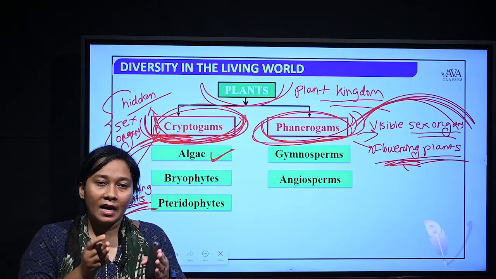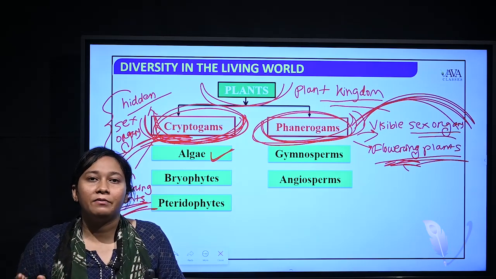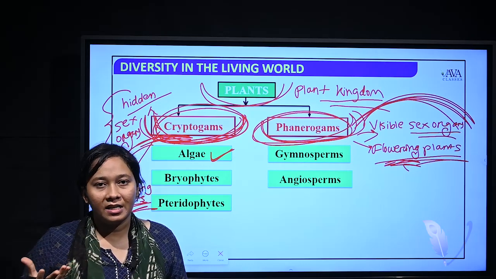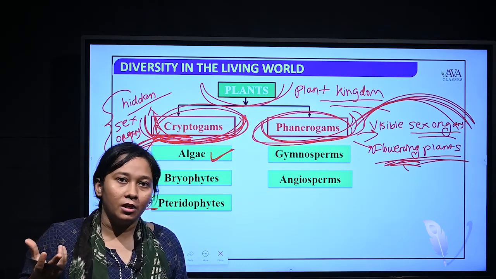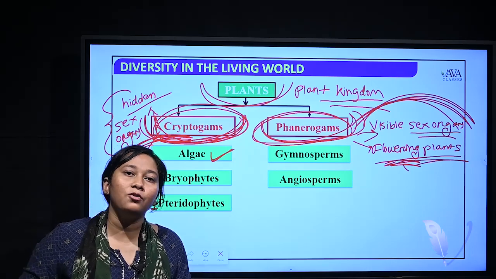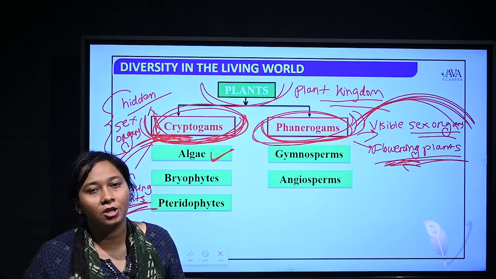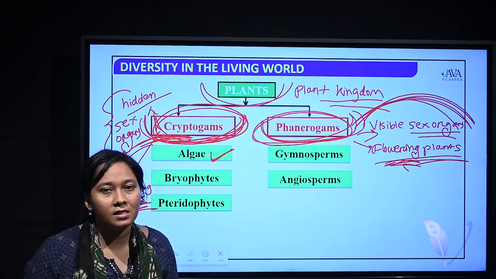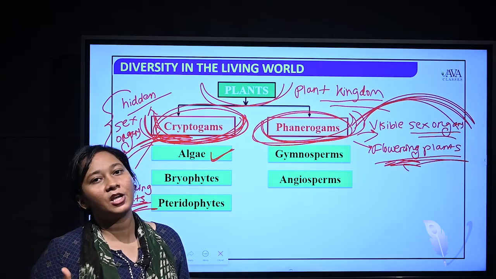It means their root, stem, leaf is not easily identified. Thallus structure is generally just like in fungi, where a group of hyphae combine to form a mycelium-like structure, and in algae also you will see a lot of cells combine to form a thallus-like structure.